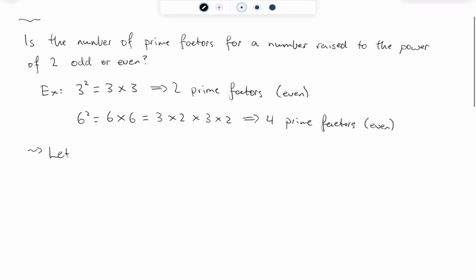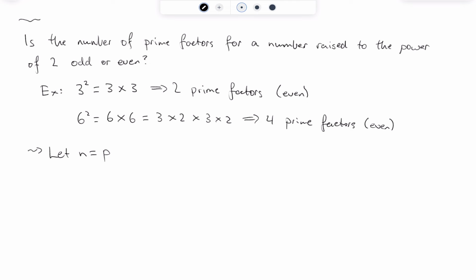Let's take a number, let's call it n, and we'll write this in terms of its prime factorization, or powers of primes.